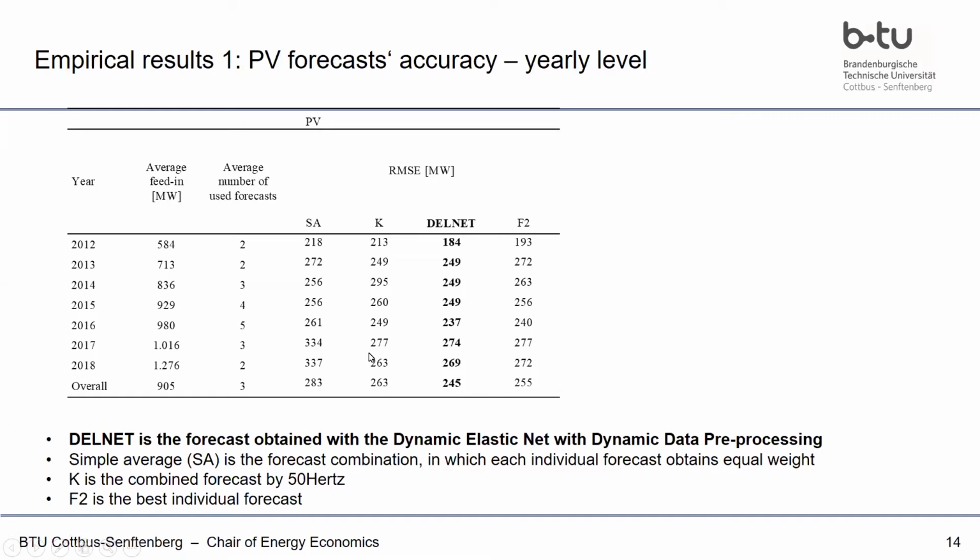Here I have to mention that in 2018, K is slightly better than delnet in terms of forecasting performance. But overall, delnet achieves 13.4% improvement over the simple average and approximately 7% improvement over K.